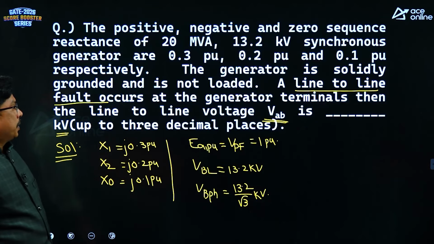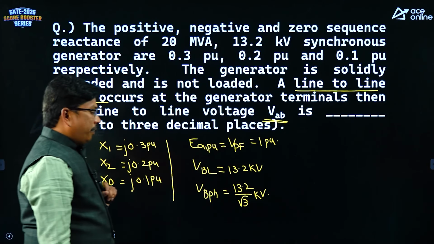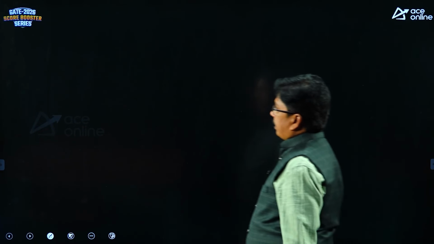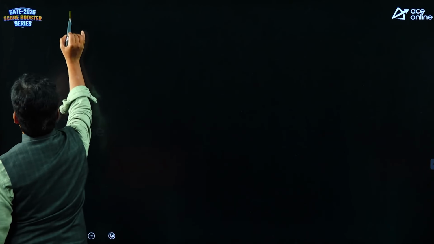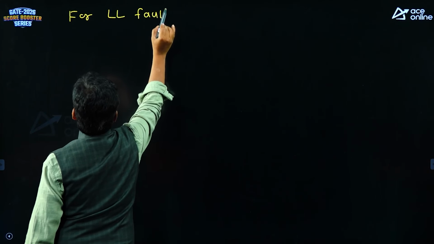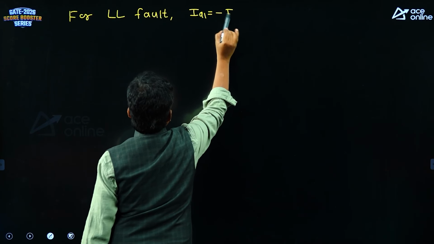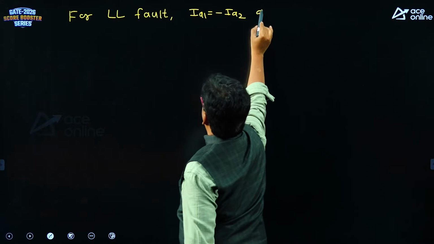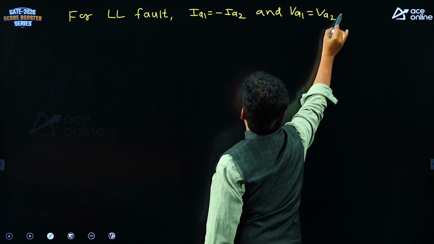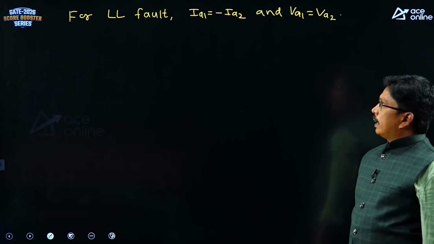Now, for line to line fault, we have IA1 is the negative of IA2 and VA1 is exactly equivalent to VA2.